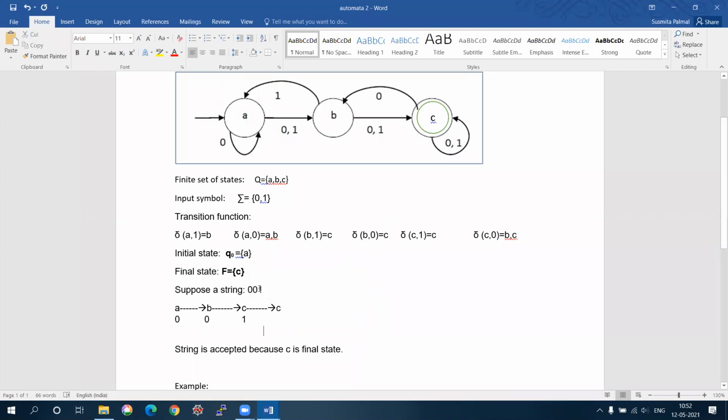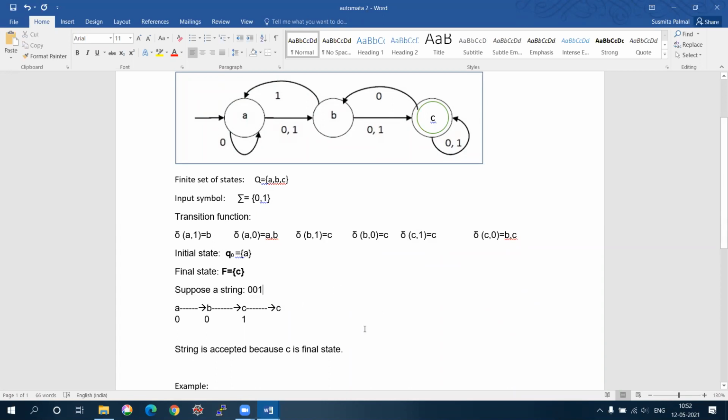The remaining input is 1, so we use input 1 on state C and it again goes to state C, because delta(C, 1) = C. That's it. This is the total transition using this input string.